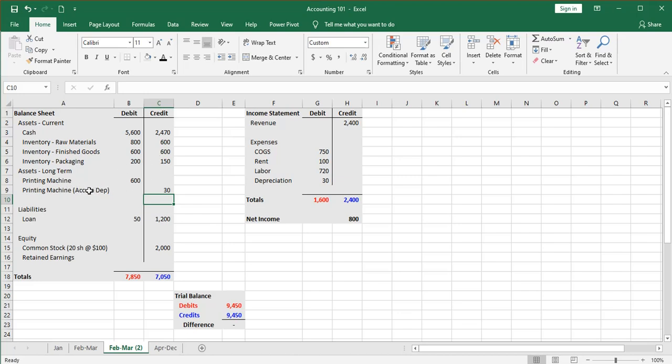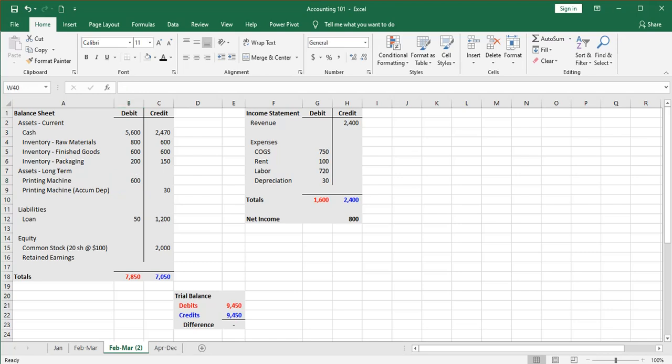And basically all it does is rather than present the printing machine value as 600 minus 30, they break it out separately with fixed assets, very often to preserve the original cost of that machine on the balance sheet. So these two accounts would appear separately on the balance sheet normally.